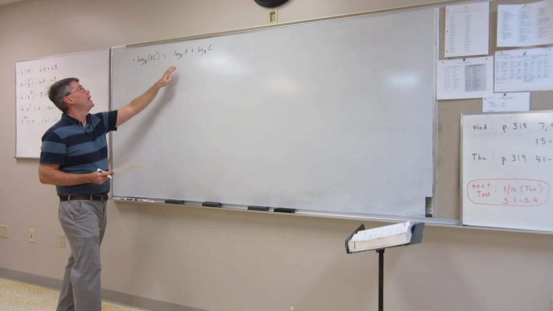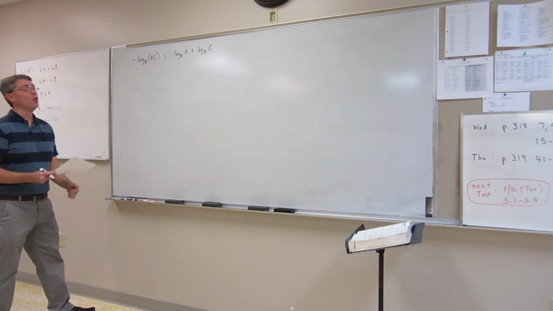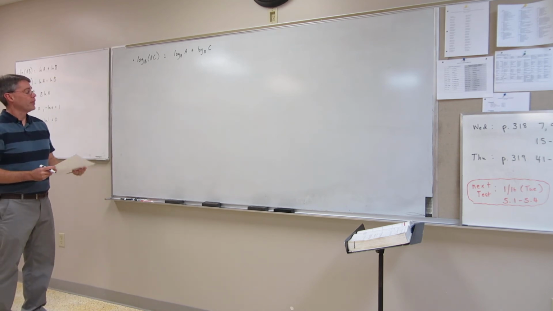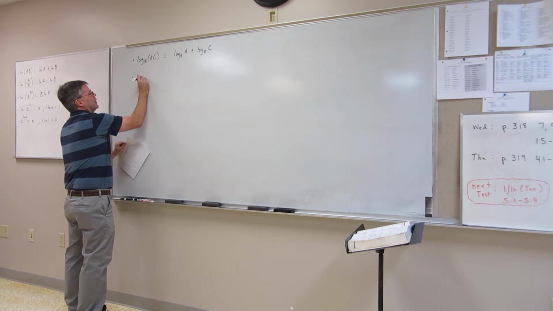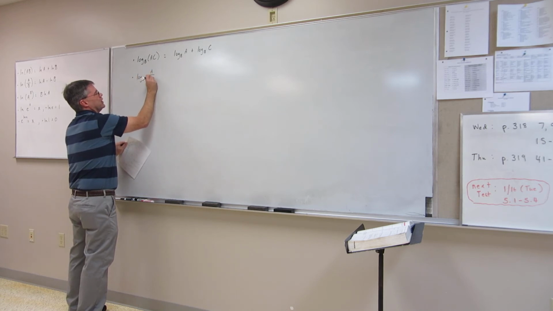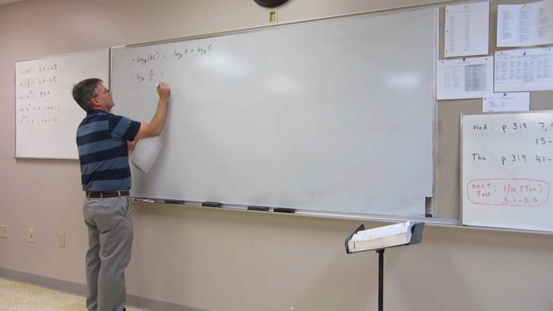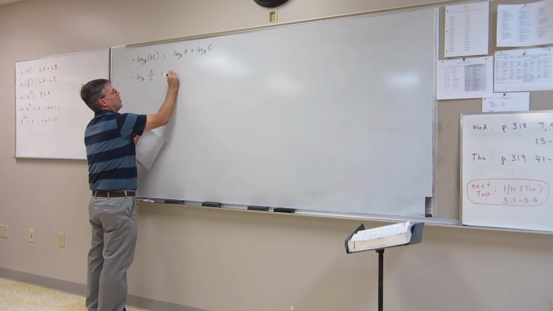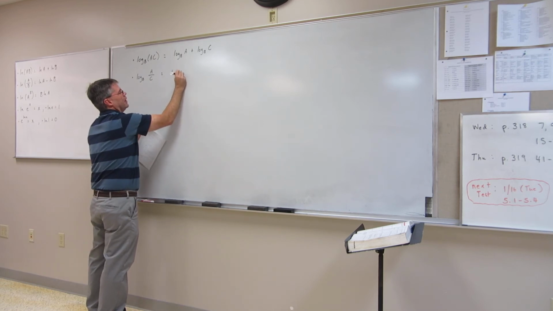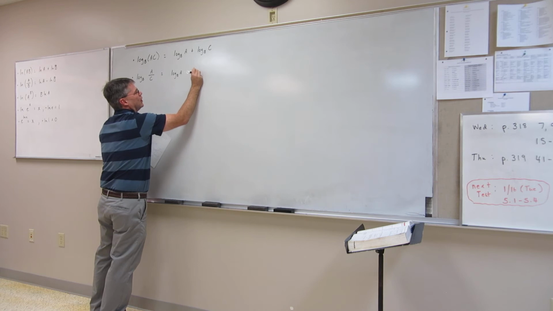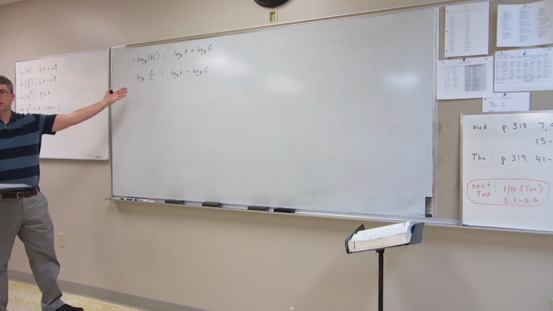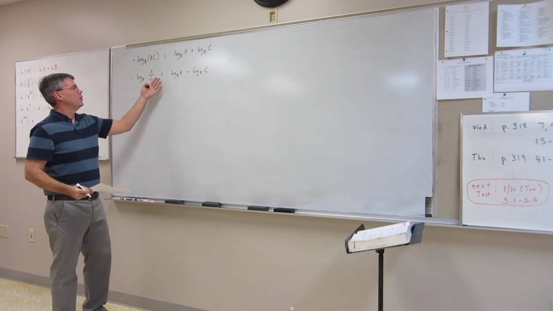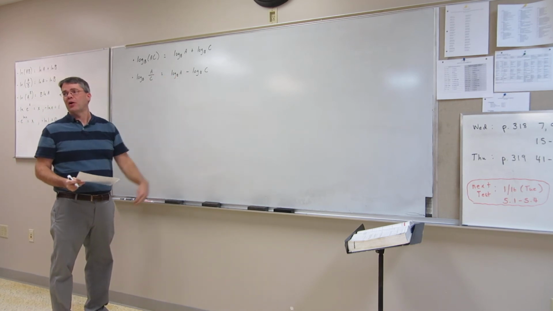Split them apart, and that can make the calculus a whole lot easier. If we have log base b of a over c, that's the same thing as log base b of a minus log base b of c. So if it's division, then we use subtraction to split it apart.